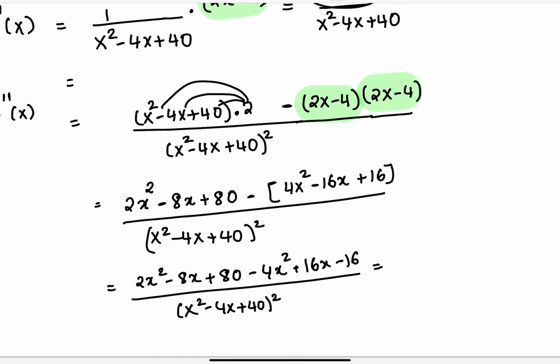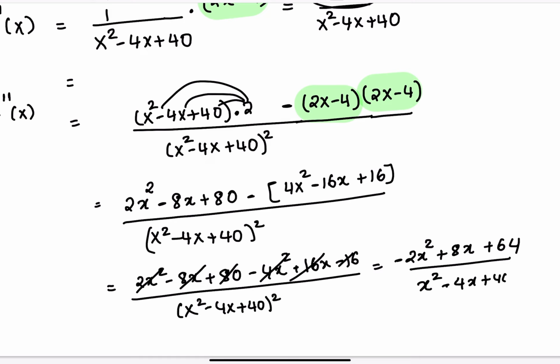And now what is this equal to? I have negative 2x squared, and this is going to be positive 8x. 80 minus 16 is positive 64. And the whole thing over x squared minus 4x plus 40 whole squared.